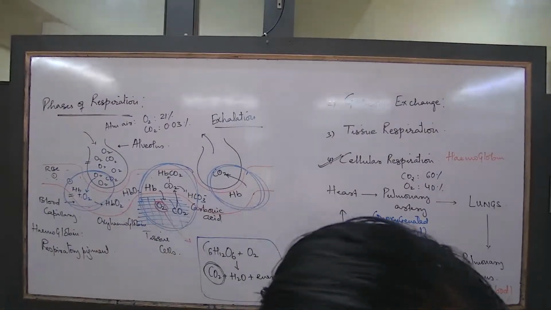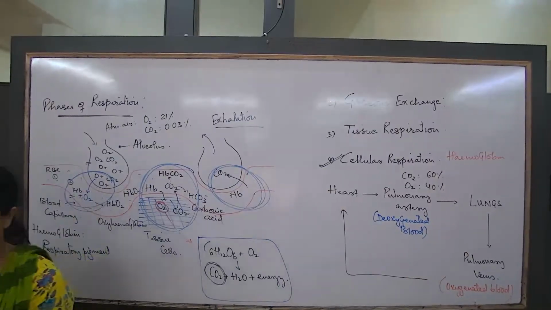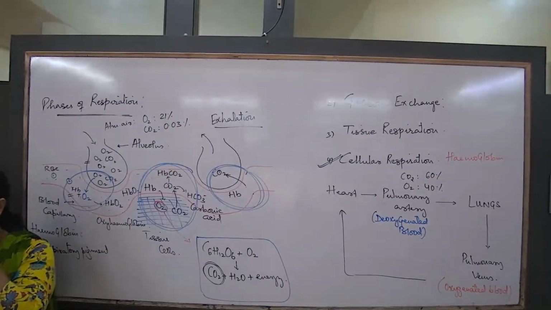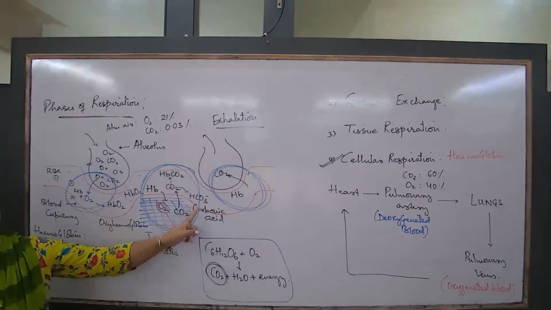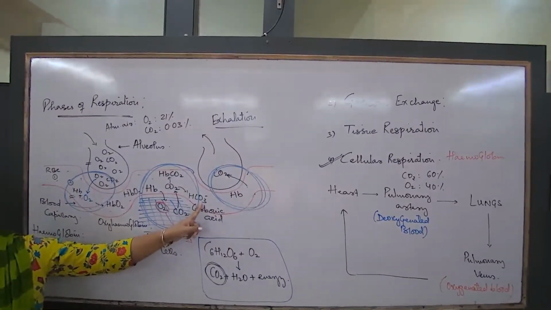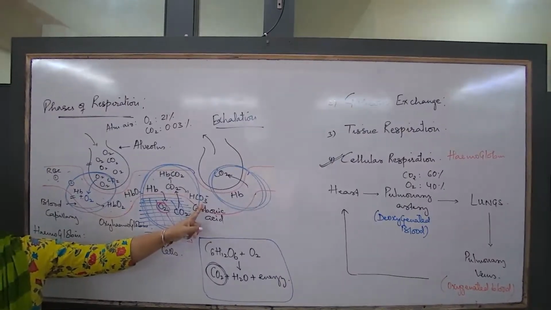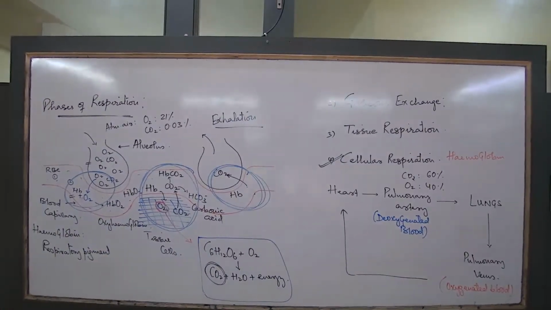Major fraction remains in the blood plasma as carbonic acid. Write this down: carbonic acid, in brackets bicarbonate.